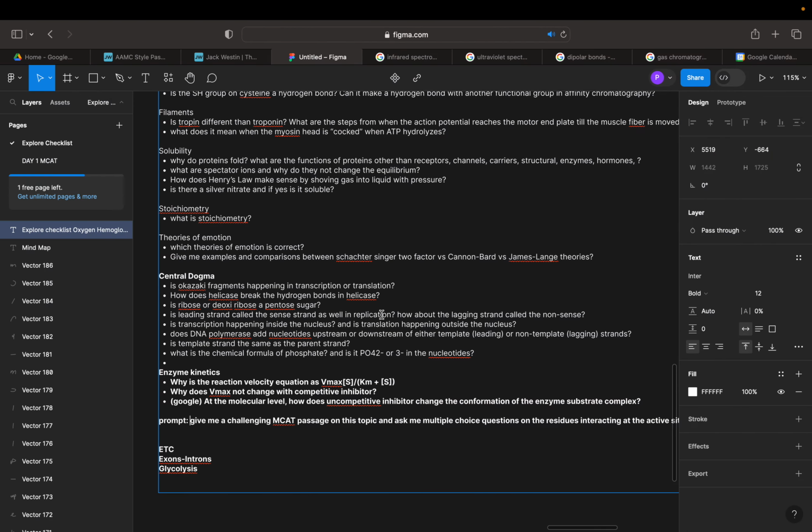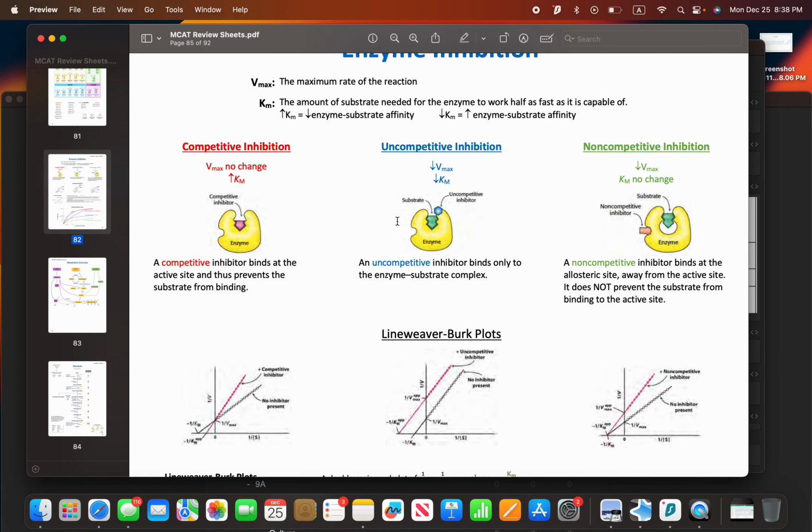But for the uncompetitive inhibitor, because the inhibitor sits on the enzyme-substrate complex, because the passengers sit on the car, then no matter how many of them, that would actually make less substrate needed for the reaction to take place, so less Km, so there is high affinity for the substrate, right?